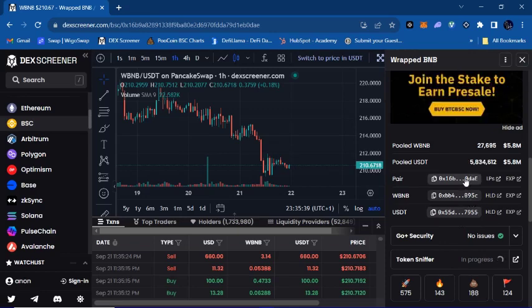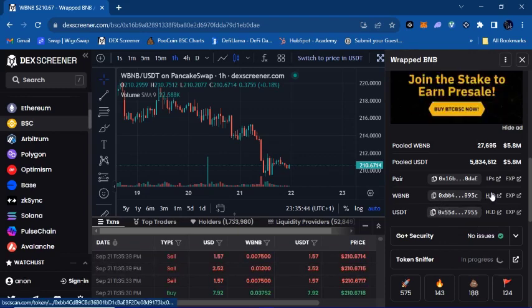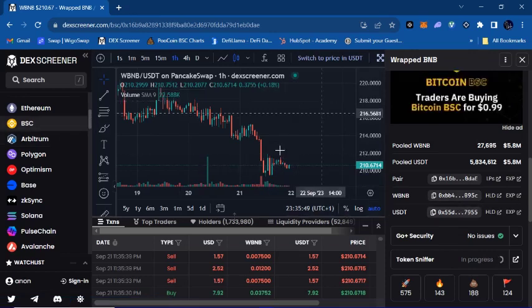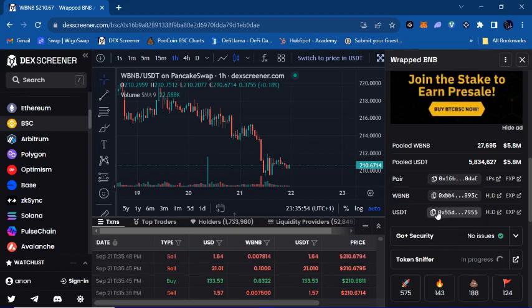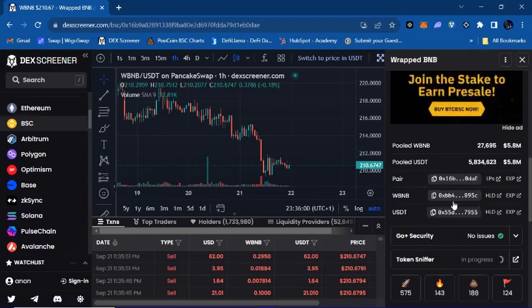Now note these pairs' contract addresses are for BSC and PancakeSwap to be specific. So you would not find the same thing on Uniswap Ethereum, because they are not pooled on Ethereum, nor are they pooled on Uniswap.